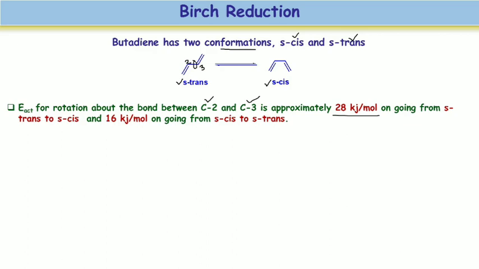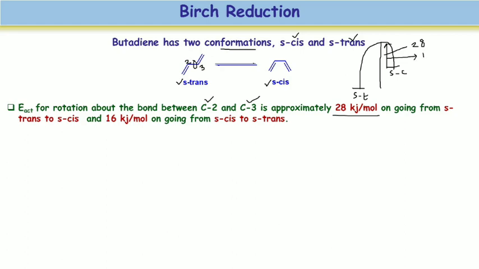So let me draw this. If this is S-trans and this is S-cis, then this activation energy barrier is 28 kJ per mole, and the activation energy barrier for rotation on going from S-cis conformation to S-trans conformation is given by this energy gap.